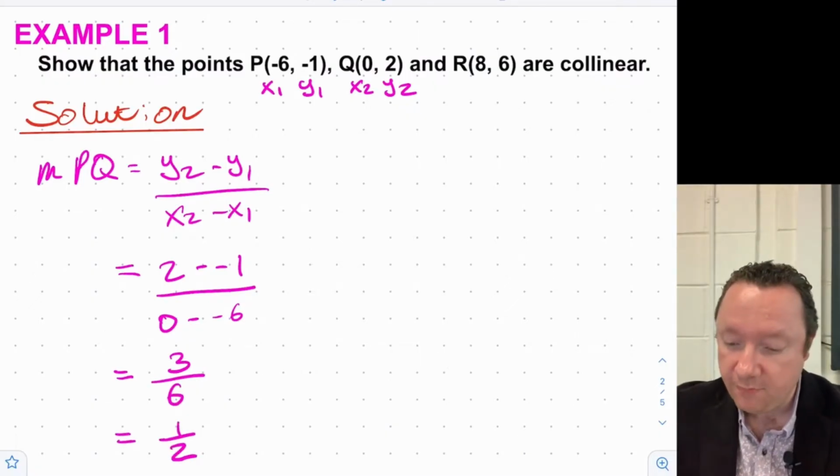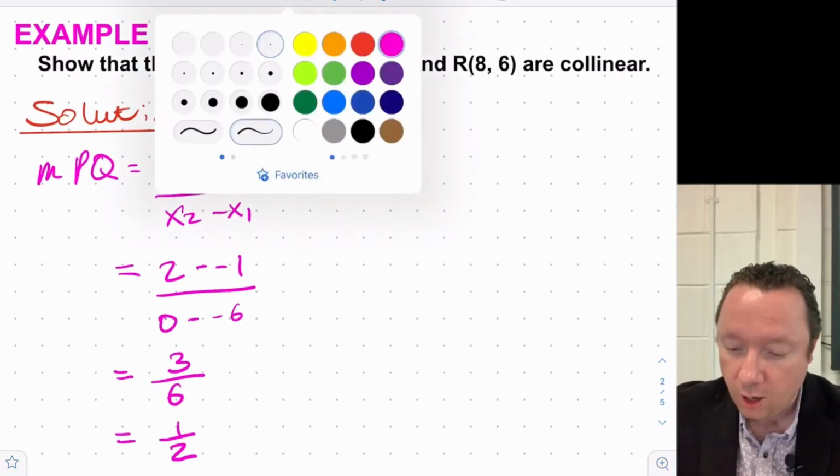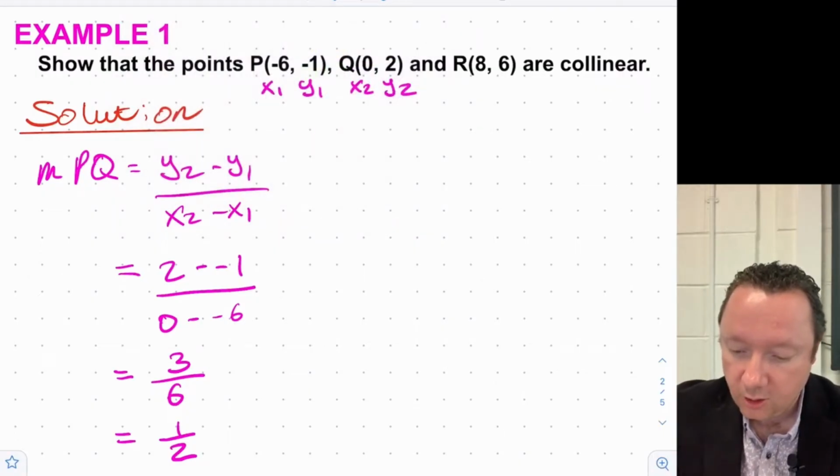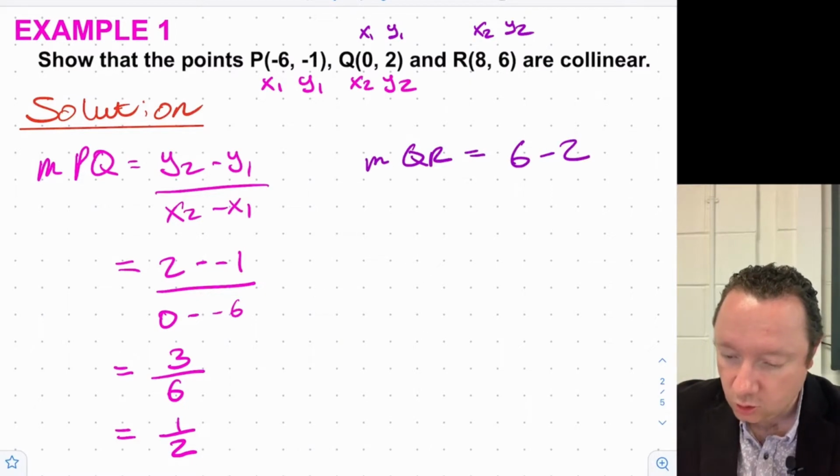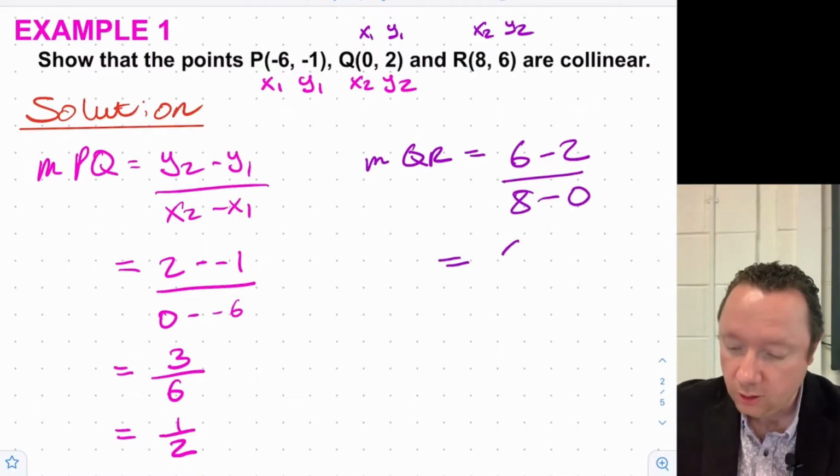Let's do the same thing for Q to R. So if I change my colours here, if I call that x1 and y1 for Q and x2 and y2 for R, then the gradient between Q and R equals (y2 - y1), 6 minus 2 over 8 minus 0. 6 take away 2 is 4, 8 take away 0 is 8, that simplifies to a half.